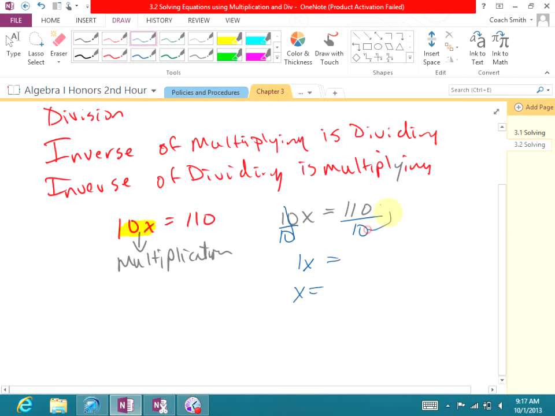Okay, 10 goes into 110, so this right here is what you have there. 10 goes into 110 how many times? 11 times. Okay, now the same holds true even if we do this. Let's say it's negative 10x equal 110.